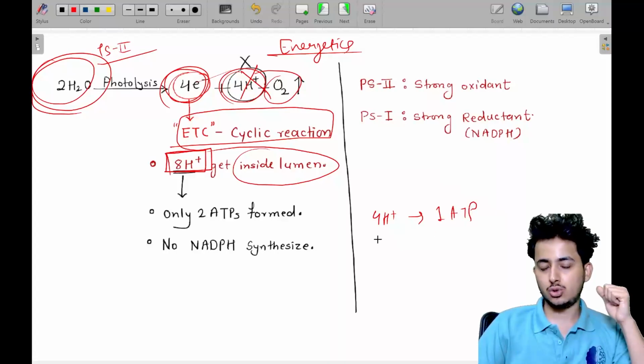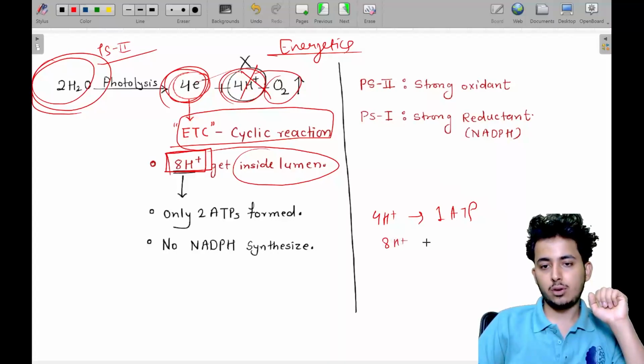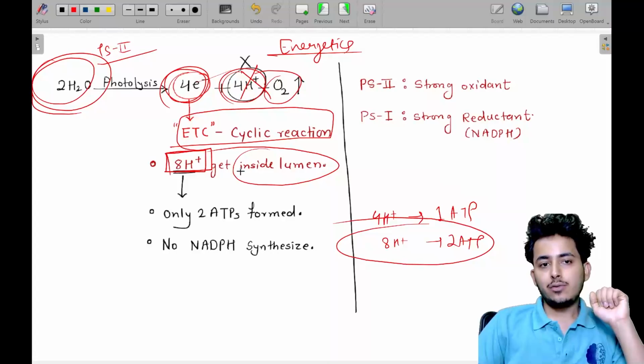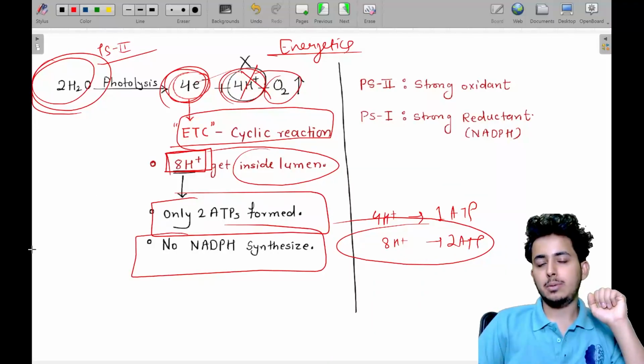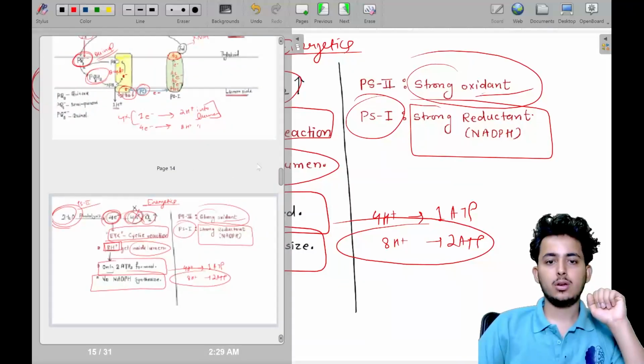This is the ratio. So with 8 protons, you can form 2 ATP, correct? So in cyclic photophosphorylation, you can form 2 ATP, no NADPH, and PS2 acts as a strong oxidant, PS1 acts as a strong reductant. This I told you.